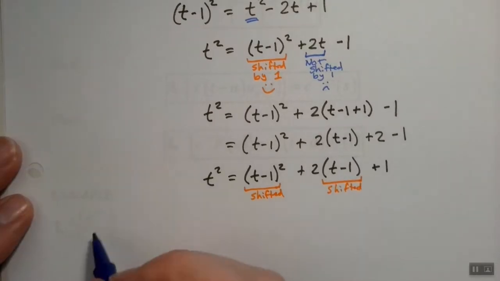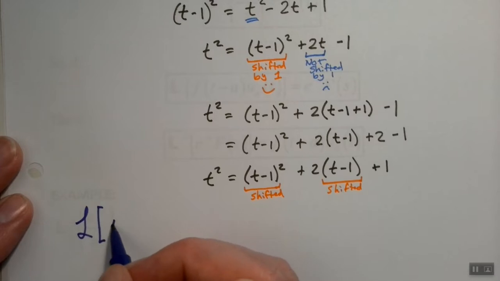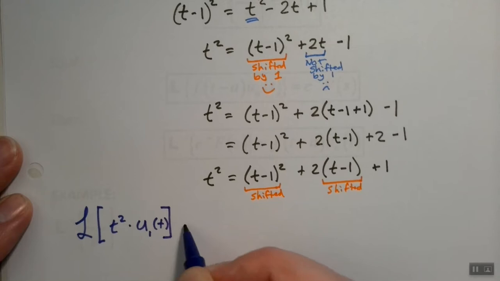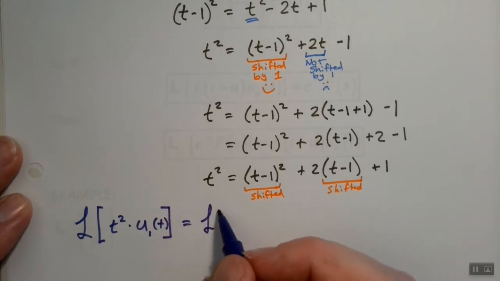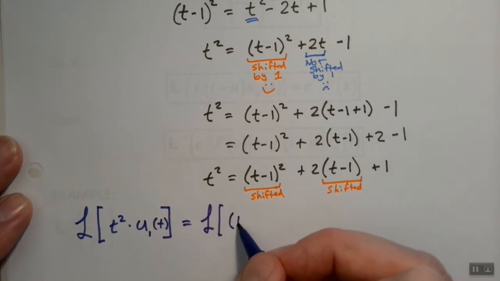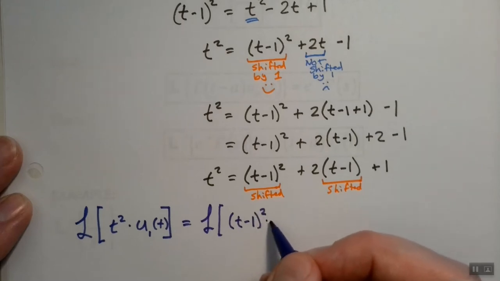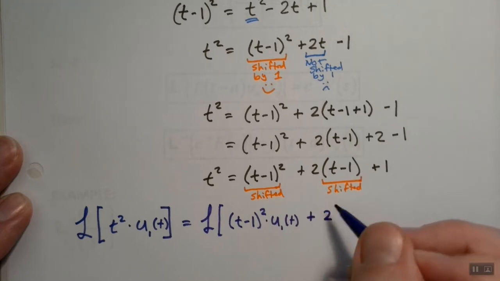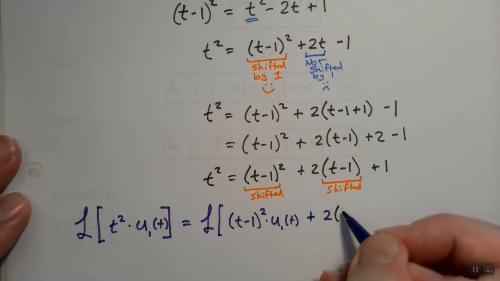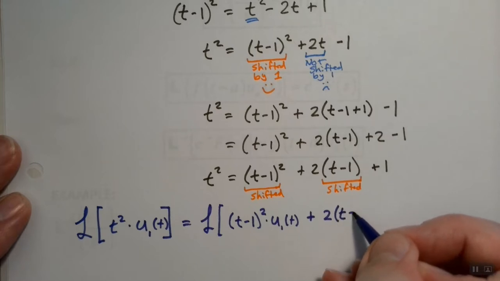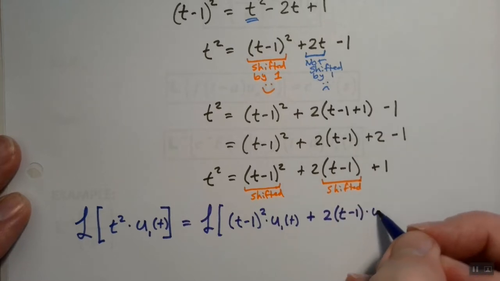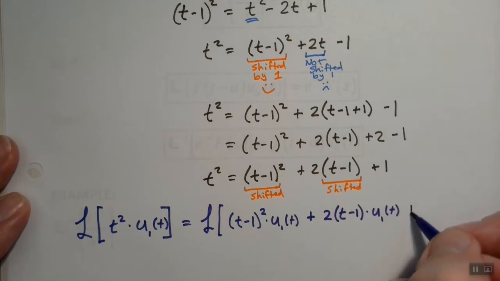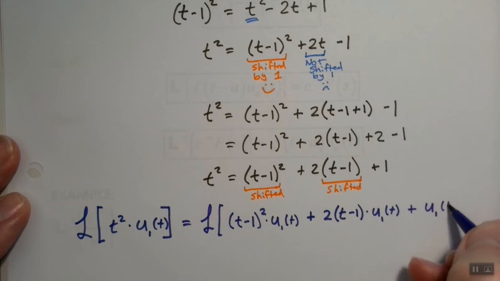So that means going back to my original, I can now say, what's the Laplace transform of t squared times u sub 1 of t? Well, that's the same thing as the Laplace transform of (t minus 1) squared times u1 of t plus 2 times (t minus 1) times u1 of t plus u1 of t.